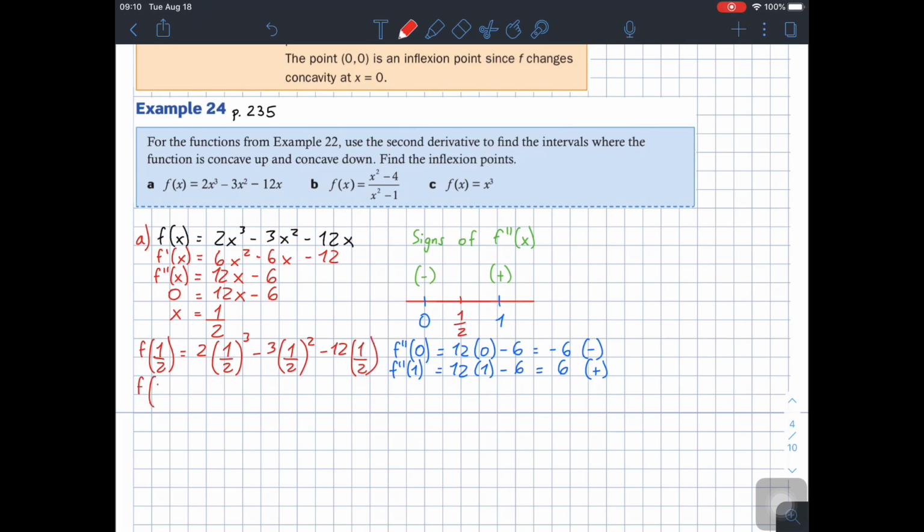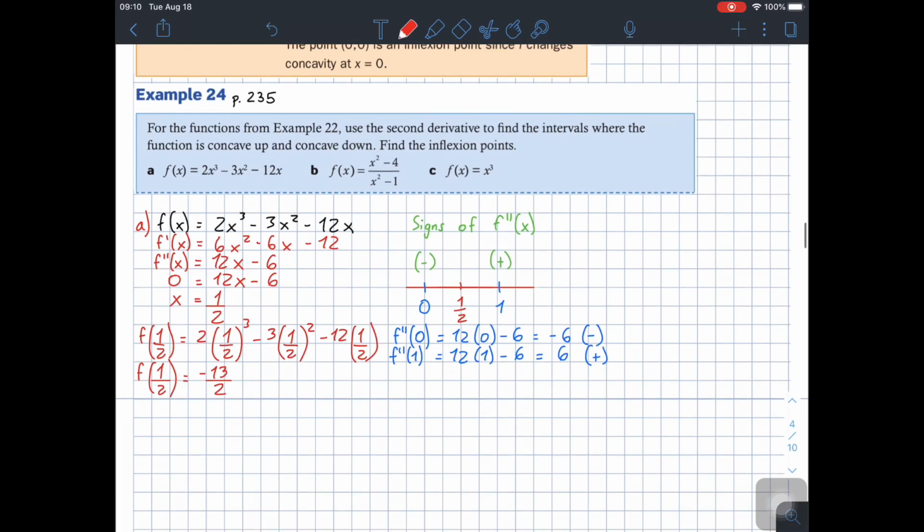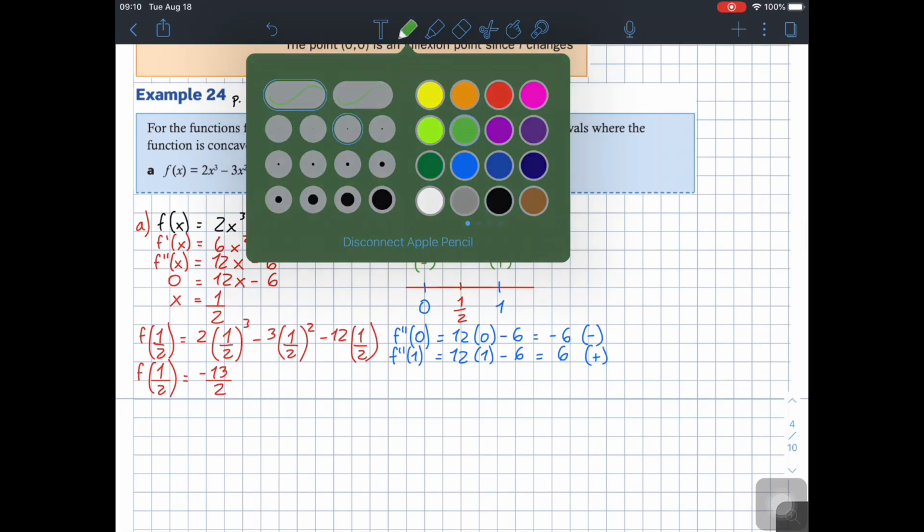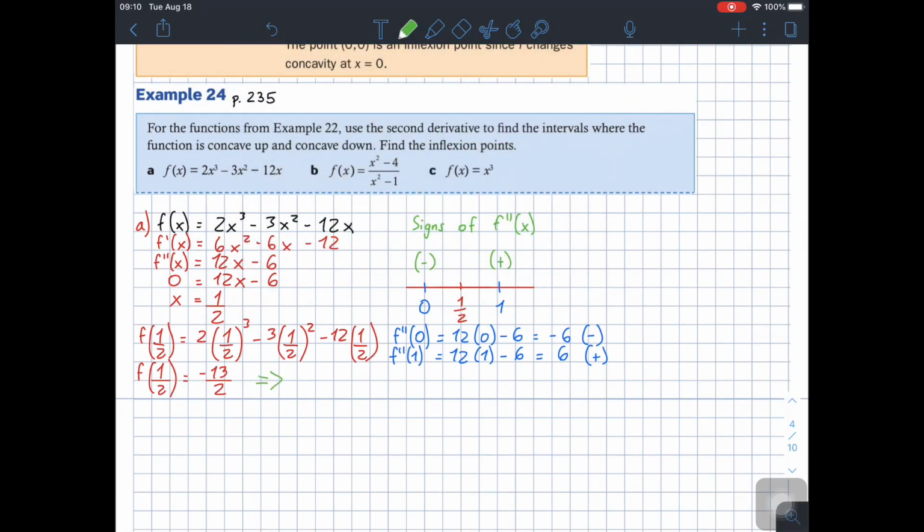If you solve for this, you should get as an answer -13/2. So the point, let me write this using a different color. The point 1/2 comma -13/2 is an inflection point.